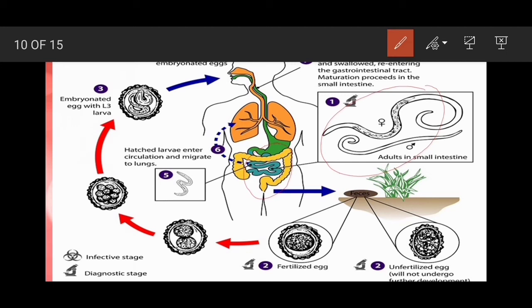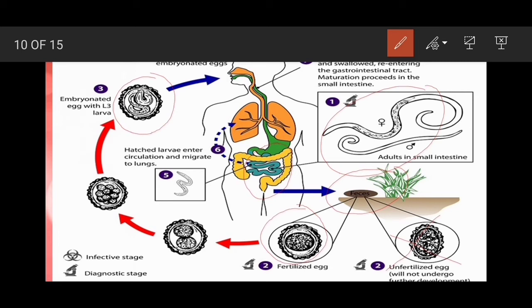Through fecal matter, they reach the soil. The unfertilized egg dies there and will not undergo any further development. The fertilized egg undergoes development and slowly becomes the embryonated egg, that is, an egg with a larval stage inside.